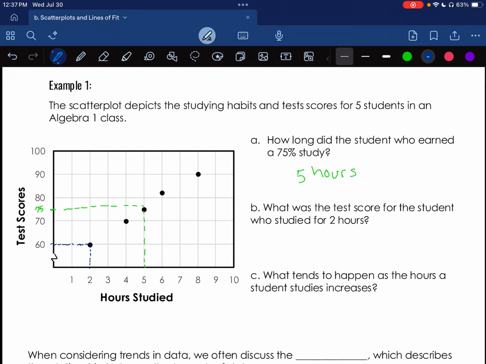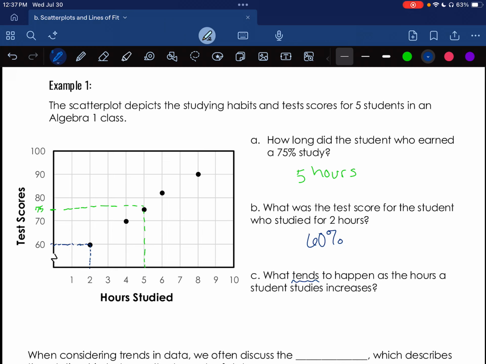All right, so what tends to happen as the hours a student studies increases? So notice here, I'm not guaranteeing anything. I'm not saying that studying causes test scores to rise. We're just looking at what tends to happen.